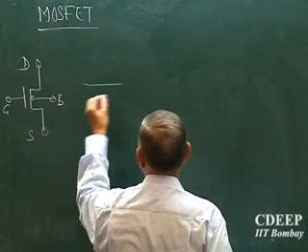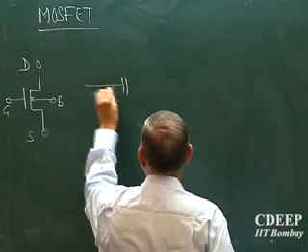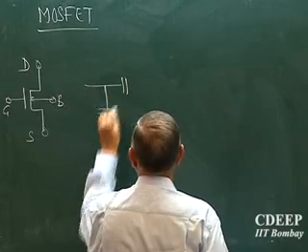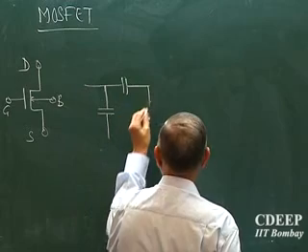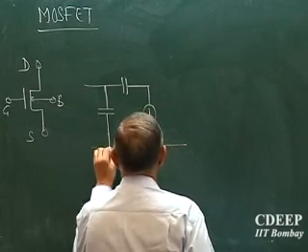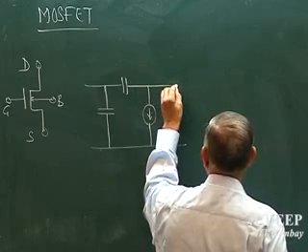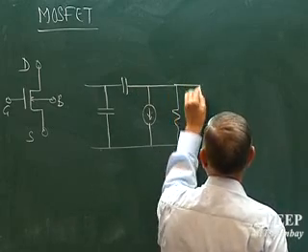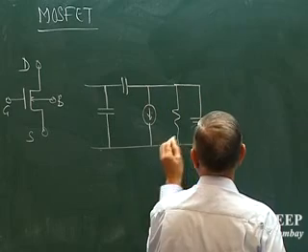Basically it should look something like this. We don't know whether it is right, but that's what we are looking into. Right now, for simplicity, some other things are neglected by me, and I'll show how the actual circuit will look.